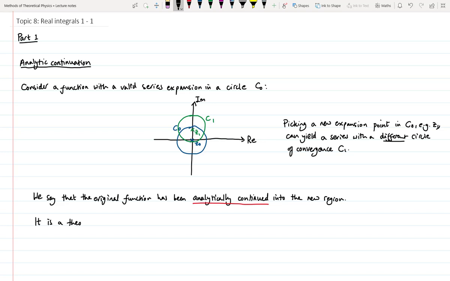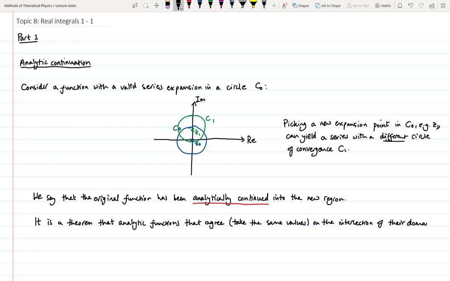It is a theorem, which I'm not going to prove, but it is a theorem that analytic functions that agree, in other words, they take the same values, on the intersection of their domains, and you'll recall domain is the input of the function, are the same function.